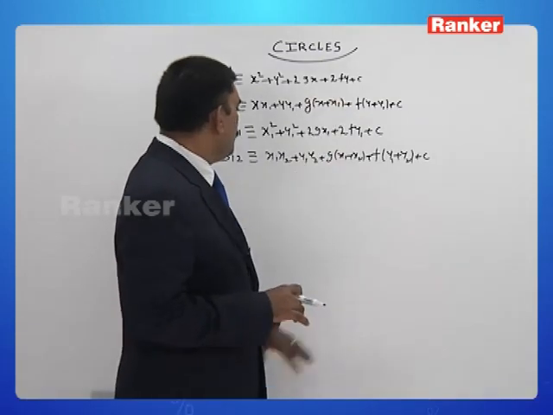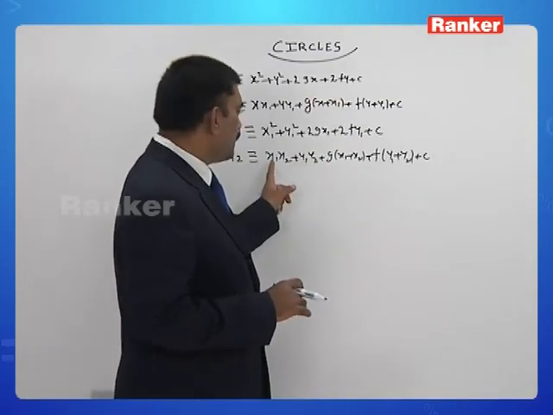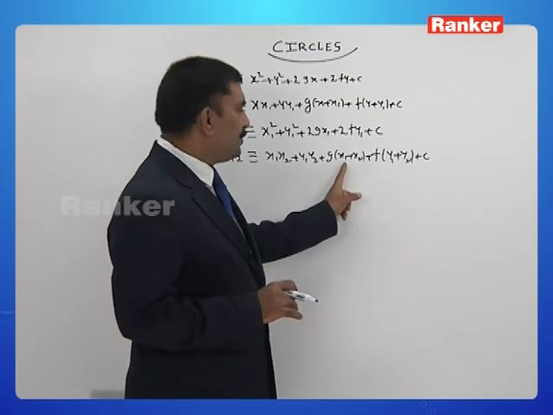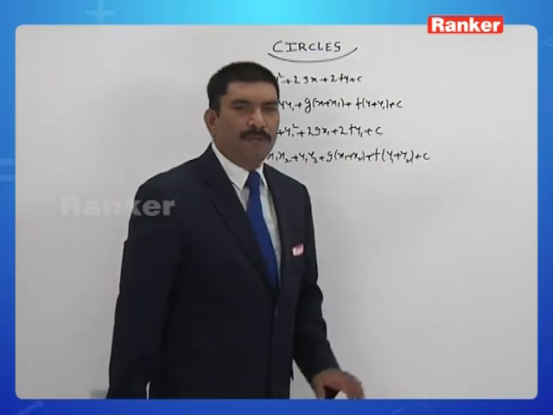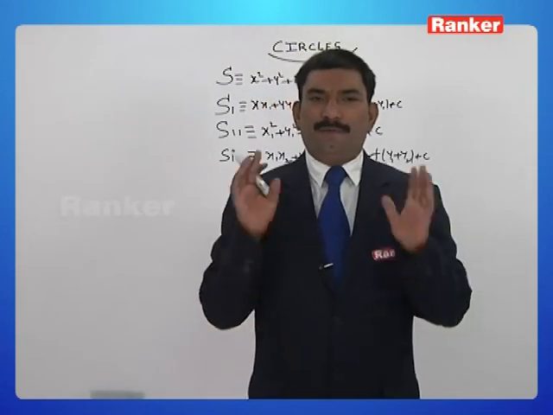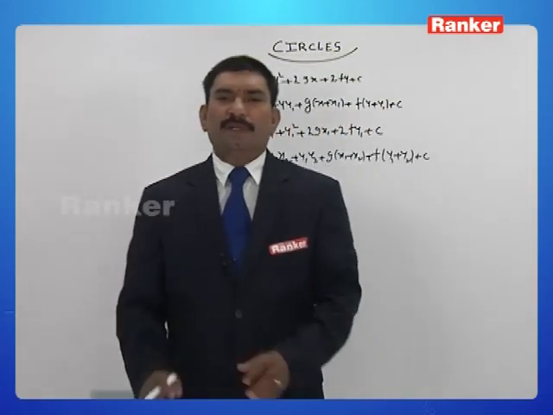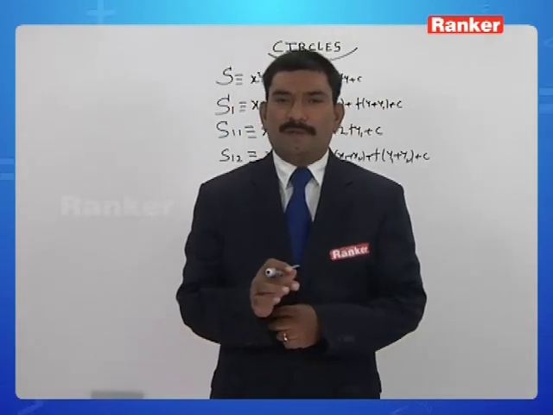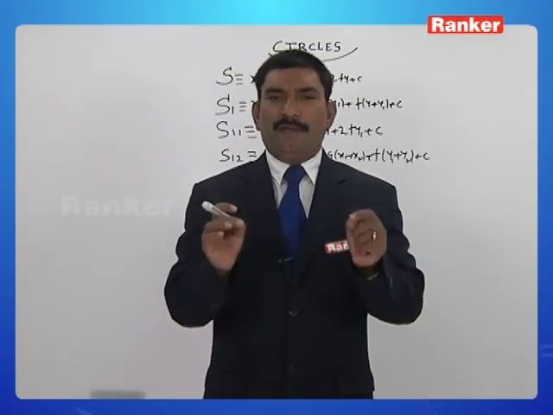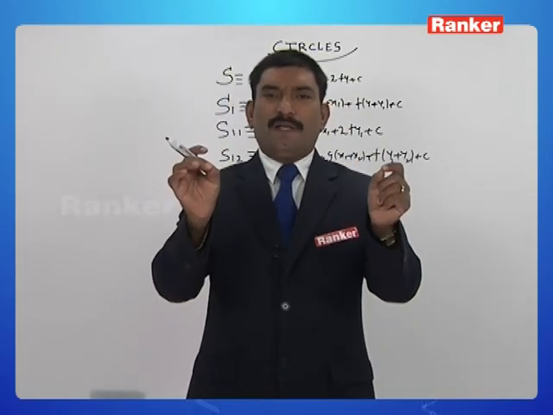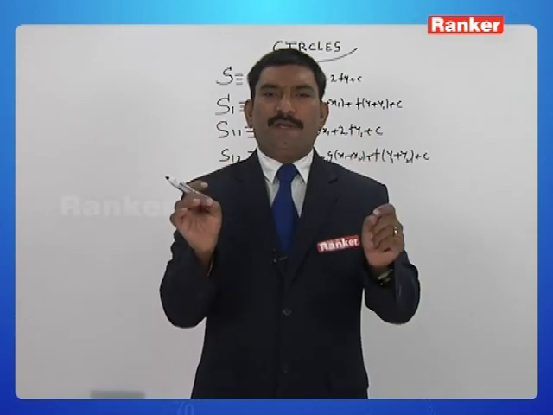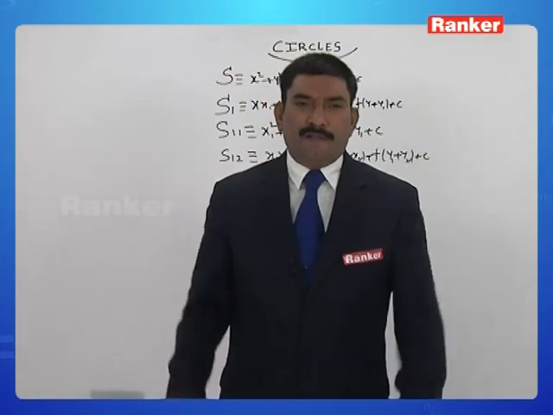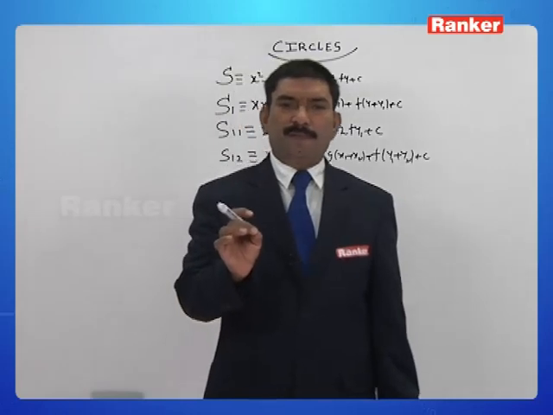Now S12 is x1 x2 plus y1 y2 plus g into x1 plus x2, plus f into y1 plus y2. After knowing these notations, we shall move to understand the position of a point with respect to a circle.